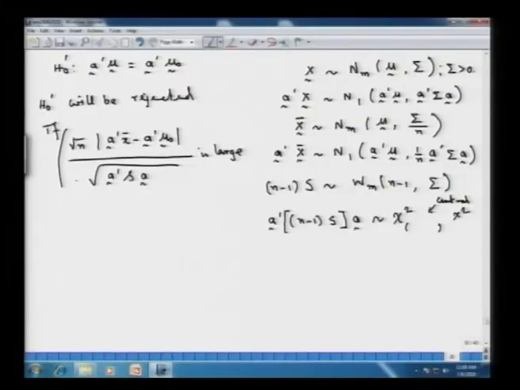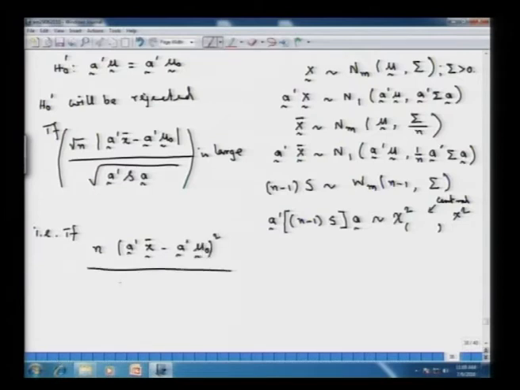So, we are going to reject H naught prime if this quantity is large, that is, if the square of it is large. There is a reason why we are looking at the square of that particular quantity: A prime x bar minus A prime mu naught, whole square, divided by A prime S A is large.